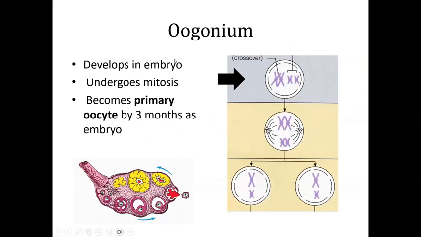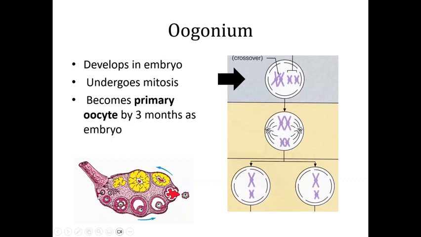However, most of the development of the oogonium into primary oocytes occurs in embryonic development, not puberty. This process starts in the embryo. Most of the primary oocytes that will ever occur develop along here in the ovary during embryonic development.